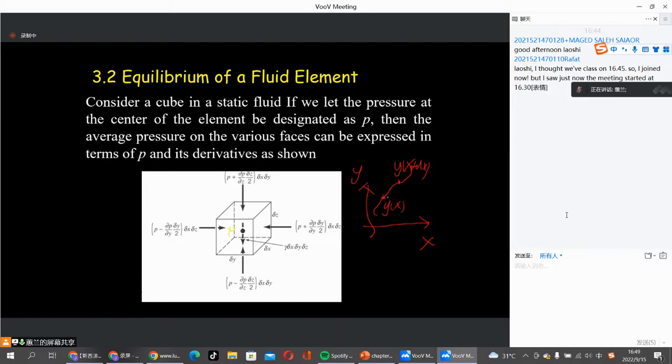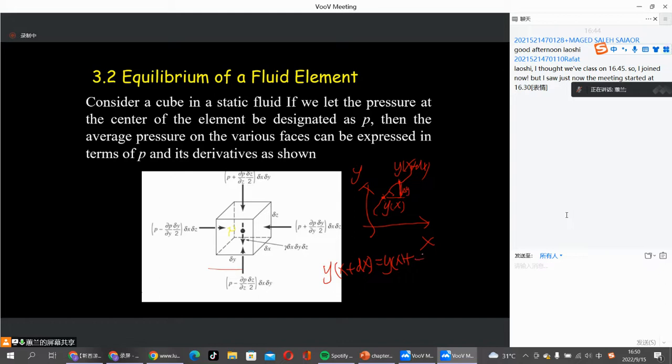And if it's linear, we can find y(x plus dx) will equal y(x) plus this here. Can you find this one? This is delta y, right?